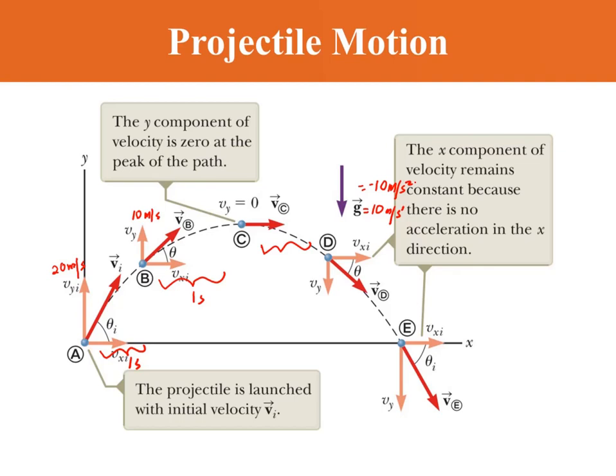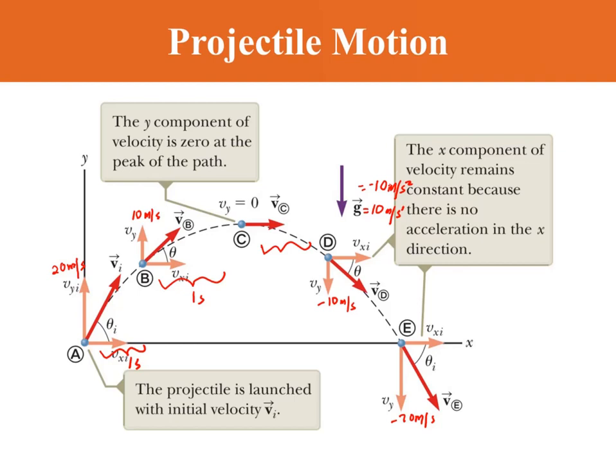So from 20, 1 second after that it becomes 10, then 0, then negative 10, and then negative 20 meters per second. So due to gravity, the acceleration in the y-axis equals negative 10 meters per second squared. So that is for the y motion.